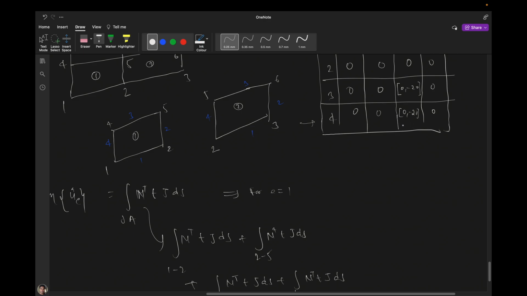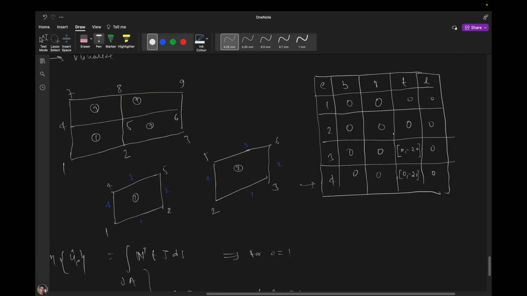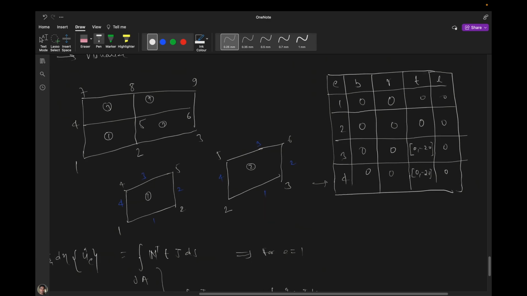Which means that there will be a contribution of the traction boundary condition only for elements 3 and 4, and for the corresponding edges like 7 to 8 and 8 to 9.